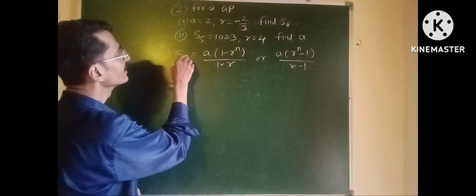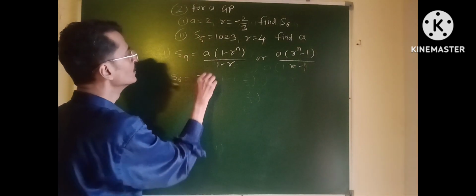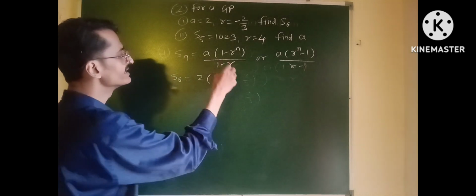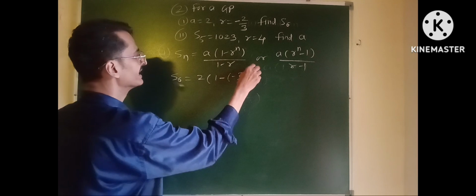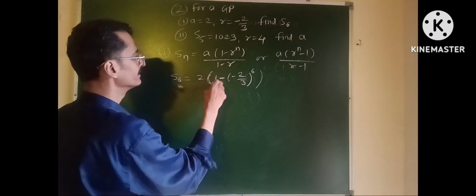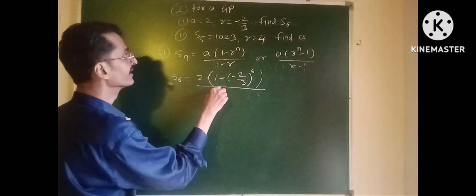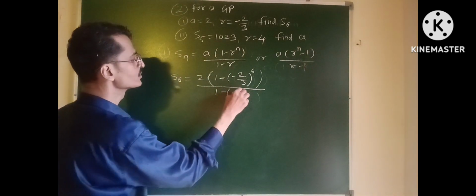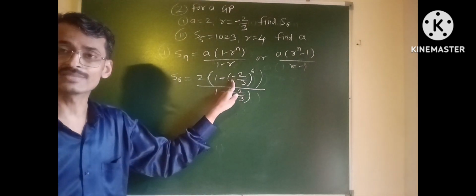So here we want S6. A is given 2, 1 minus R, R is given minus 2 by 3, raised to n, that is 6, close the bracket, upon 1 minus R. R is what? Minus 2 by 3. Now don't write directly minus minus plus.